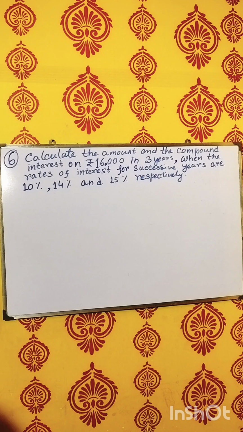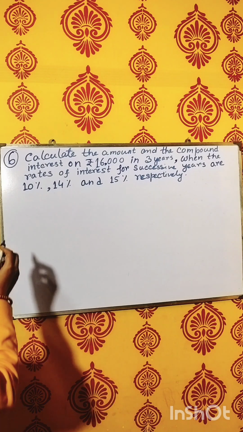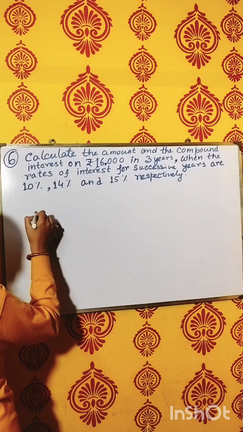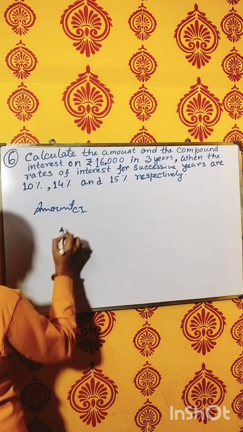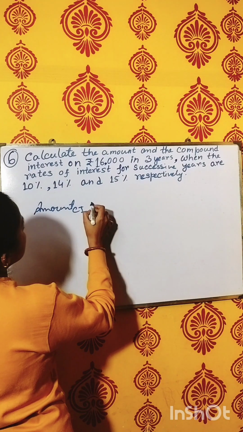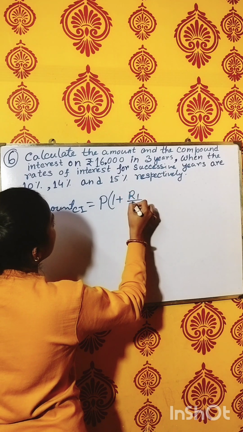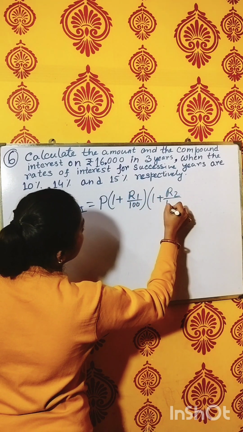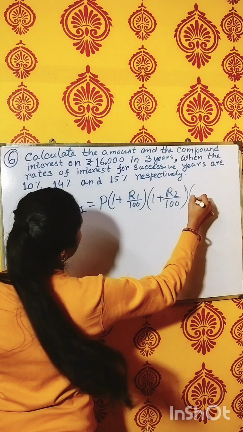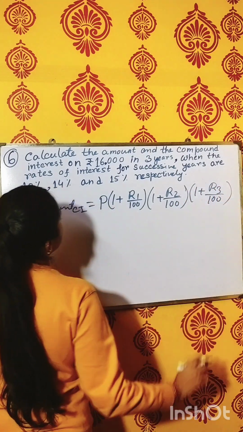Okay, now we can apply the formula for the successive years. So the amount, we can write the formula. Amount in CI is equal to P multiplied by 1 plus R1 by 100, multiplied by 1 plus R2 by 100, multiplied by 1 plus R3 by 100.